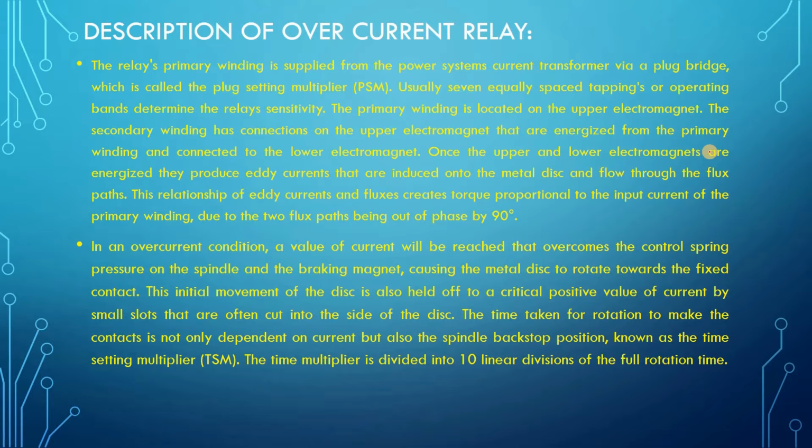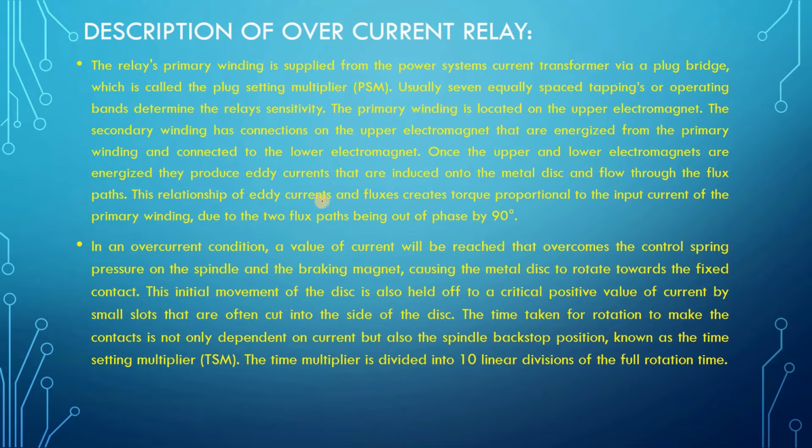When there is current, either a fault current or normal current, the relay gets energized. Then eddy currents are induced in the metal disc and flow through the flux path.